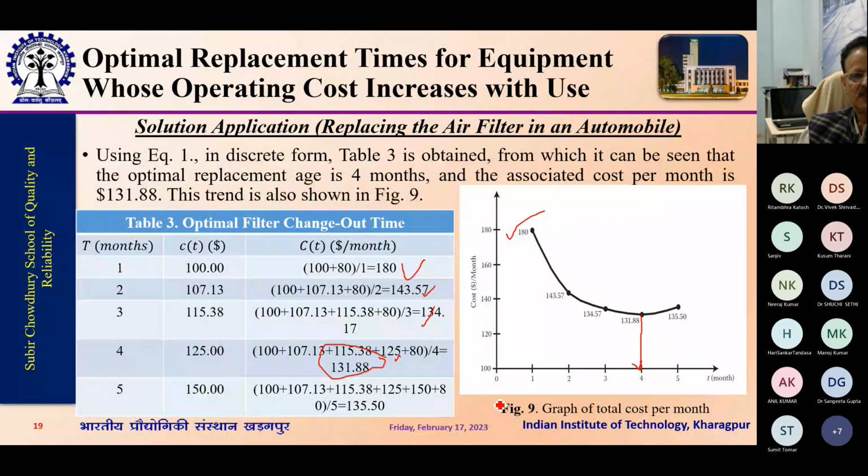Okay. So right now, I know that you are unable to understand this. So first is the operating cost, which turns out to be 100, and replacement cost, per unit of 1 month. Right. And in the second month, the first month operating cost, and the second month operating cost, and 80 remaining, say the replacement cost, divided by per unit cycle. Cycle length is now 2 months.